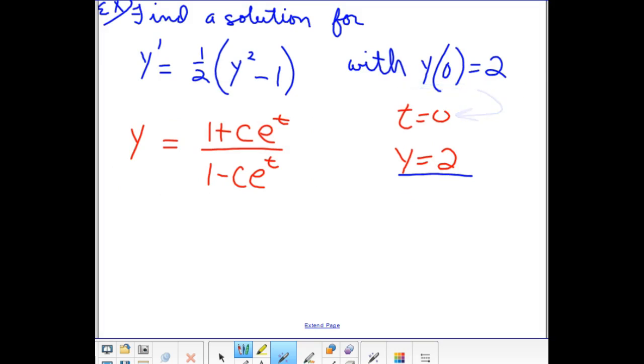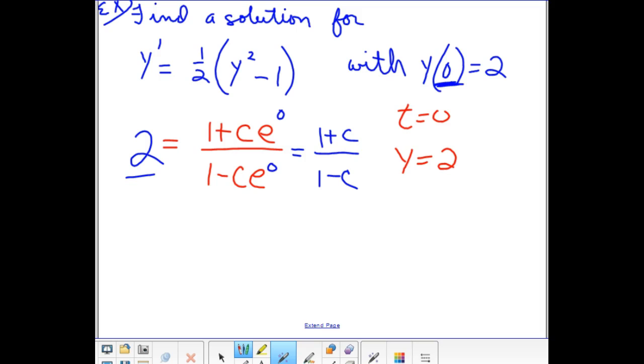So plug in 0 for t. Well, if t is 0, e to the t is 1, and this becomes 1 plus c over 1 minus c. So I plugged in 0, and I'm getting 2 as an answer.